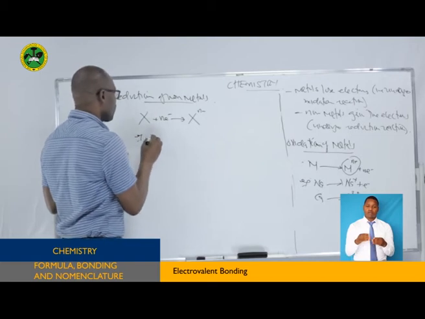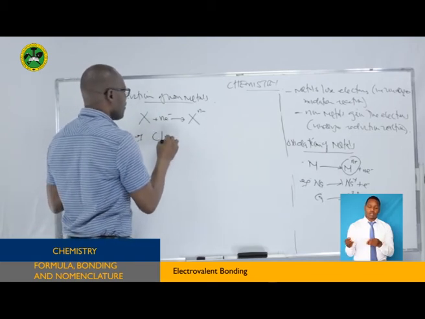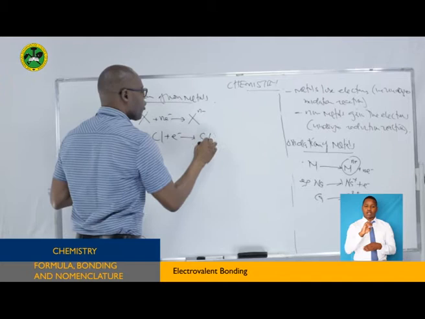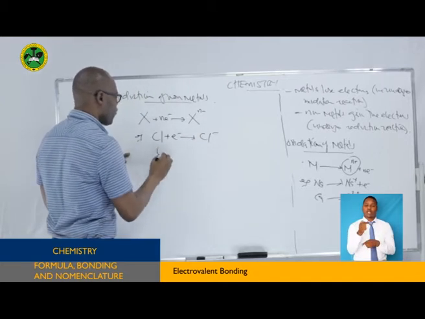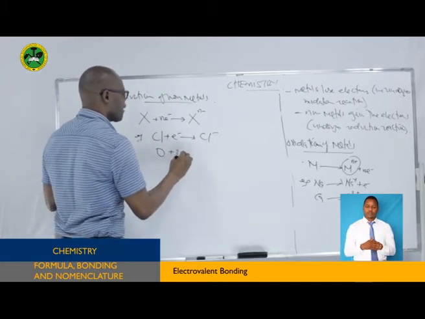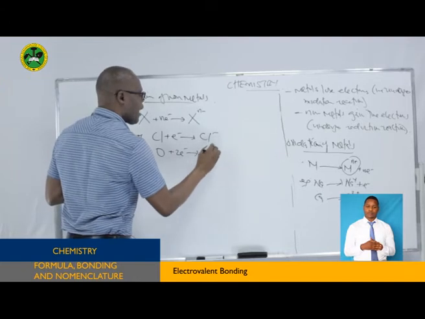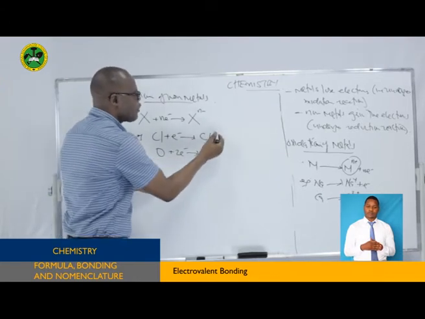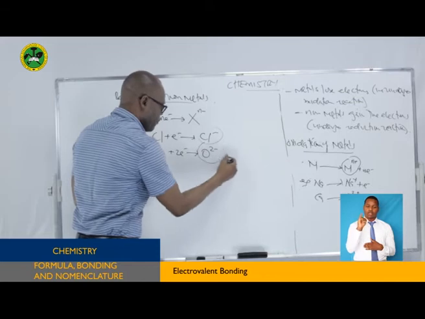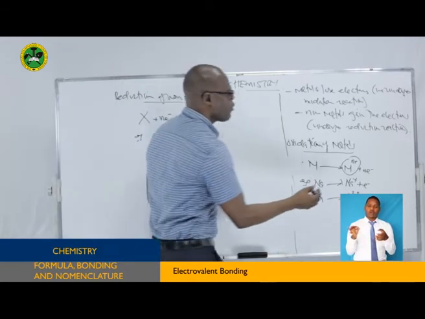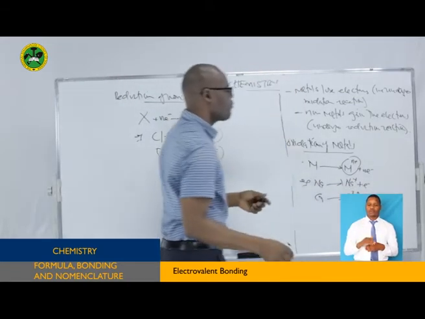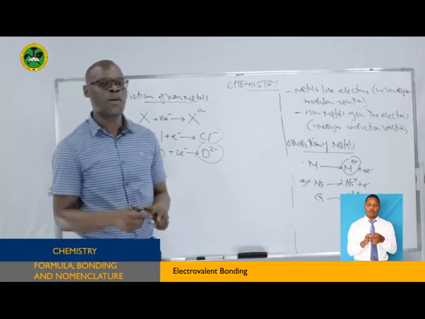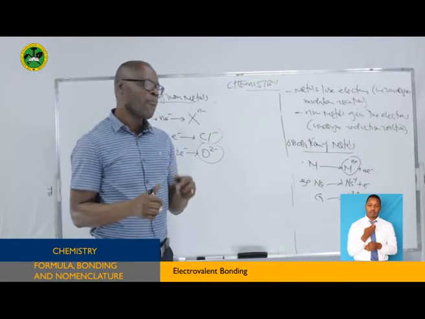E.g., we can have chlorine gaining an electron to become a chloride ion, or we can have oxygen gaining 2 electrons to become an oxide ion. Now these negatively charged ions will combine with the positively charged ions to form an ionic bond, or what we call electrovalent bond.